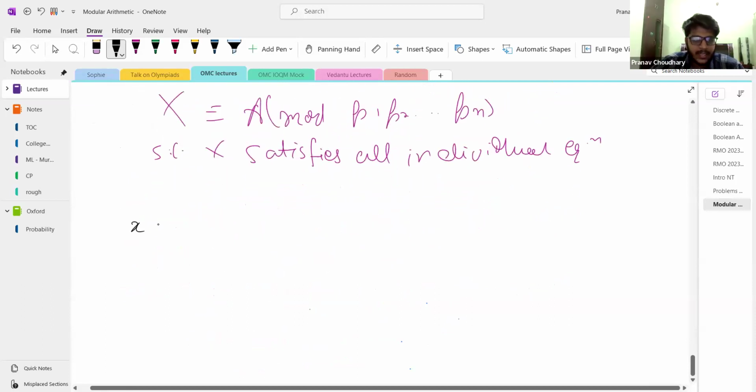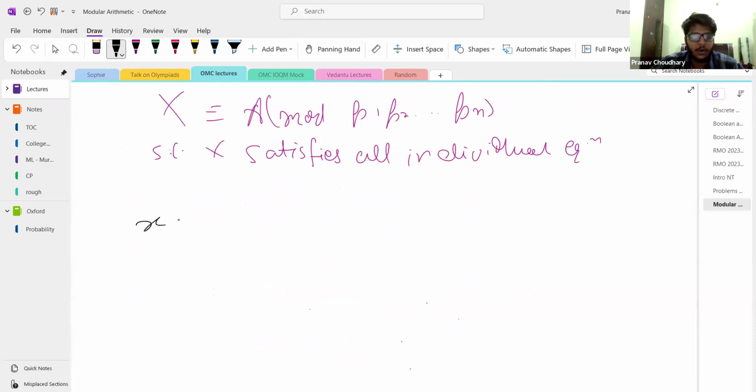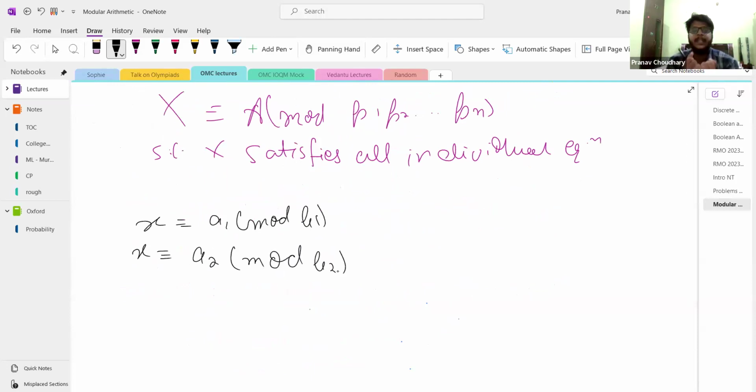Suppose you just want to find an x which is congruent to both a1 mod b1 and a2 mod b2. I want to simultaneously satisfy these two equations, right?